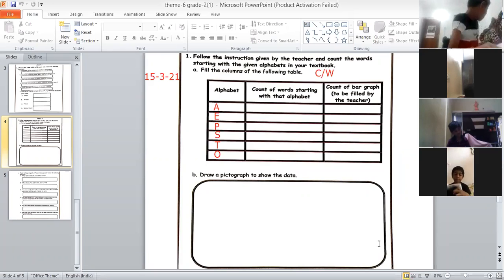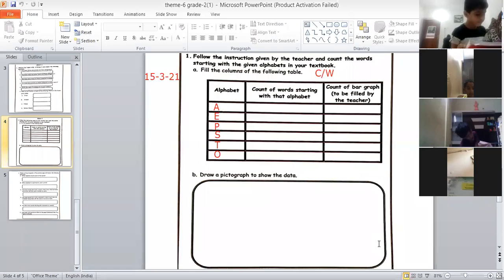Shreyan, please count and tell me how many words start with letter A on page number 1 of your math textbook. First, look for the words which start with letter A on page number 1.